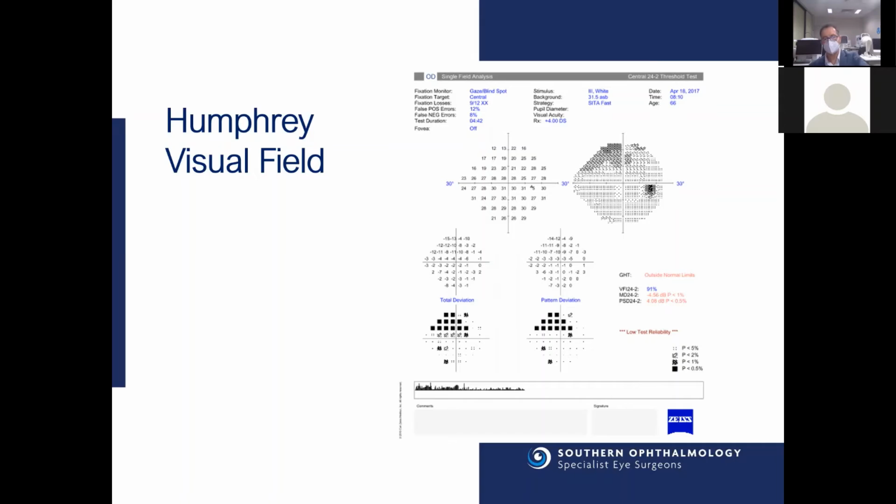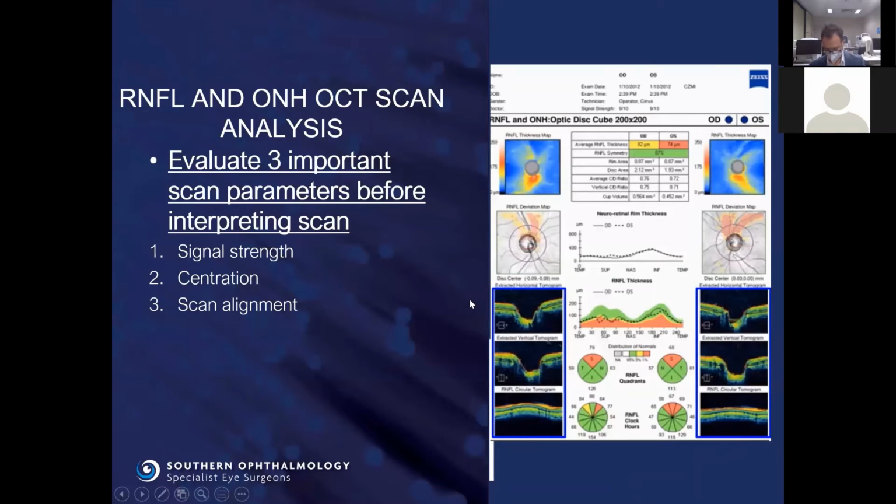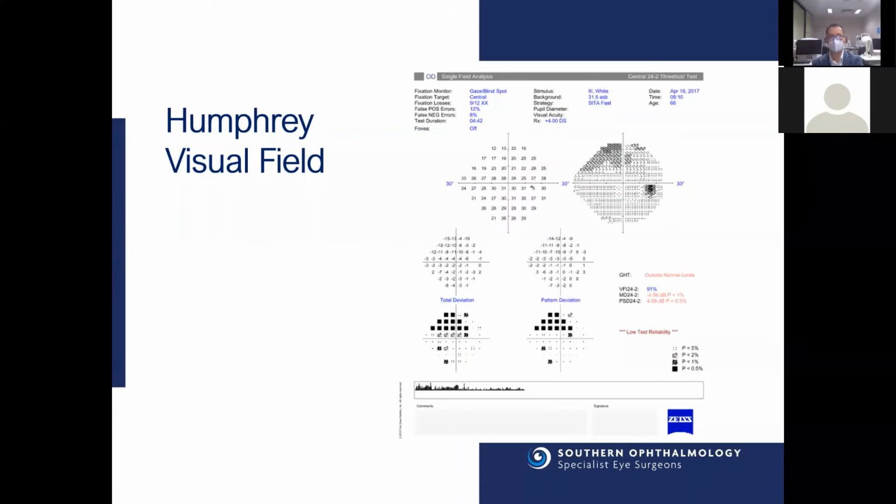Just going through what we document here, these are the numerical values, and the grayscale is just a representation of that. Total deviation, if I could just go back, total deviation is how this particular visual field differs from the normal database, and pattern deviation takes into account media opacities.